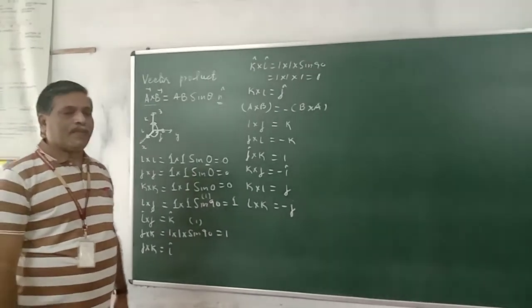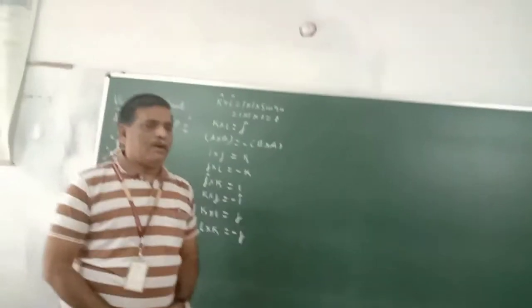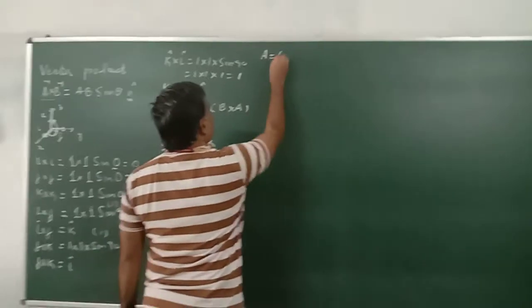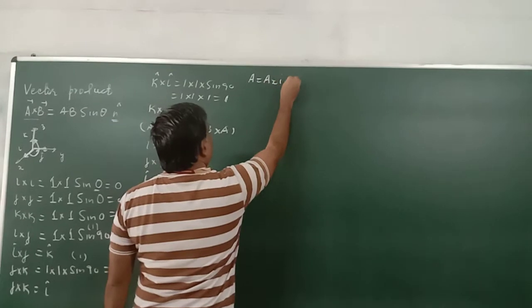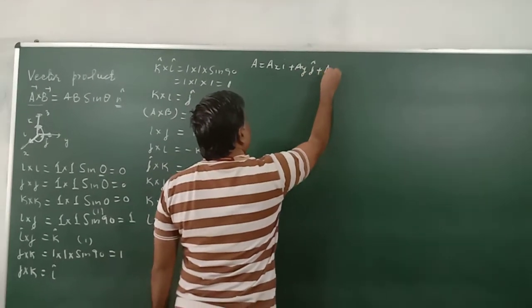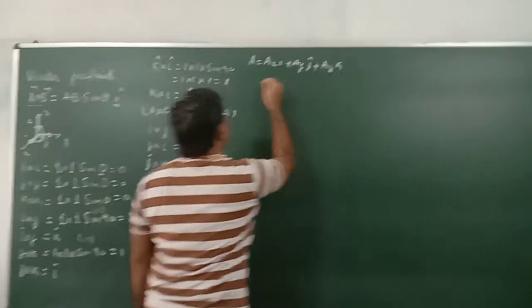Let us learn now what is the vector product of two vectors. Let us consider vector A is equal to AX i plus AY j plus AZ k.